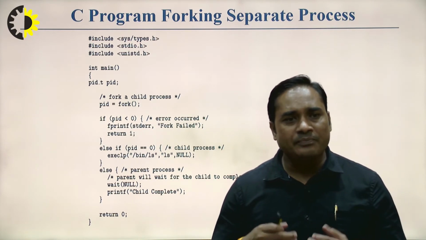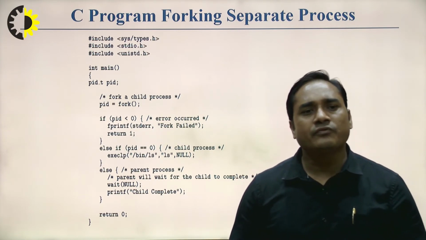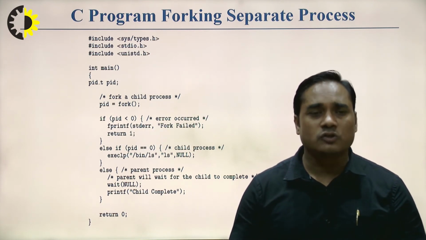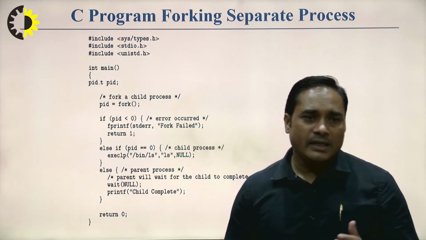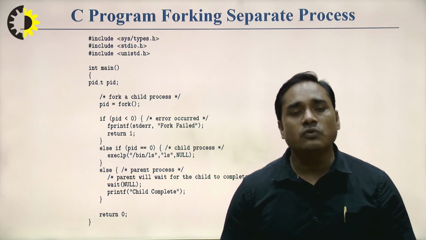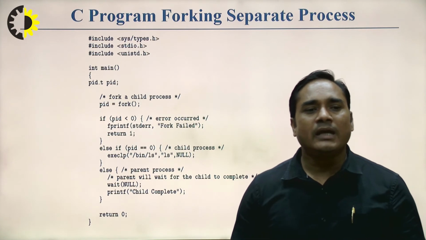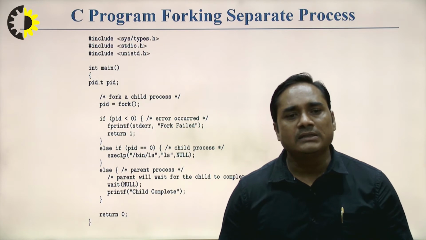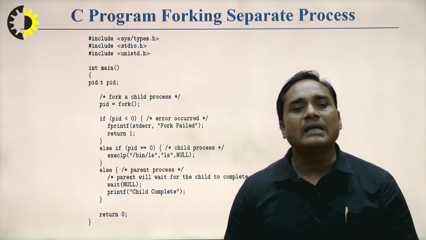So if the value of the process ID is less than 0, then the system will give an error, fprintf stderr "fork failed". It means that if the value of pid is less than 0, it will show the error and print fork failed. And else if pid equals 0, it means this is the child process, and the child process will run execlp with the bin path, where the process will start its execution.